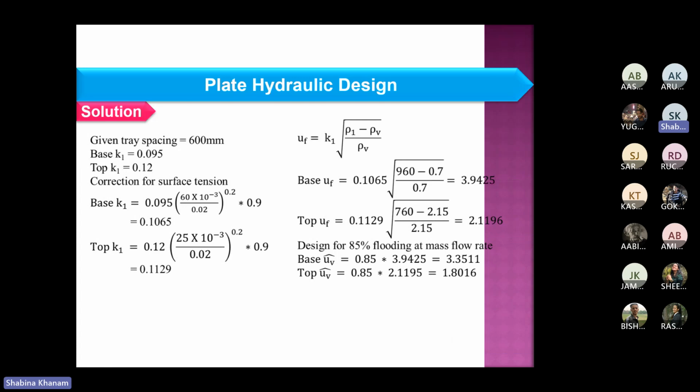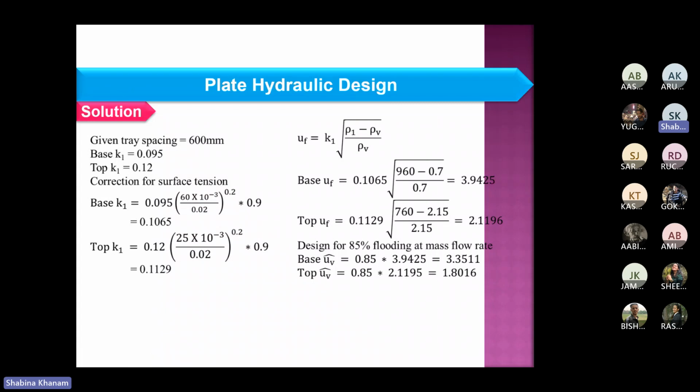Correction factor one is for hole to active area 8%, and second is for surface tension, different value. Okay, so you can consider a revised K1 value at top and bottom, and after that you can find out the flooding velocity in top and bottom, considering 85% of flooding velocity as the vapor velocity. You can find out vapor velocity in top and bottom, that you can see over here.